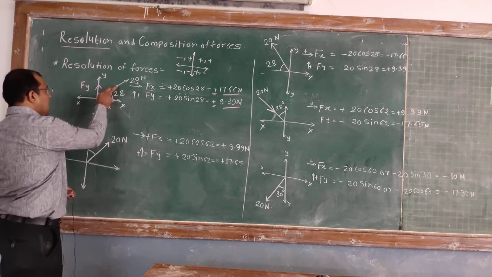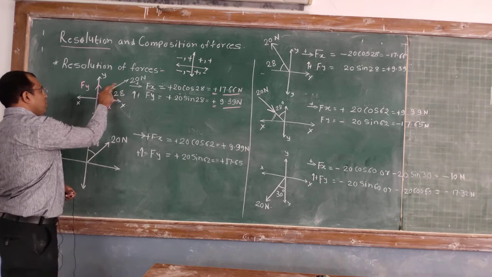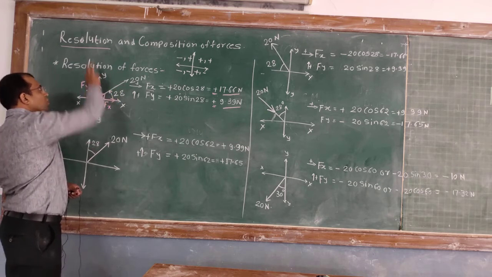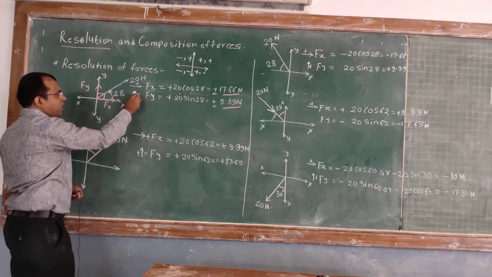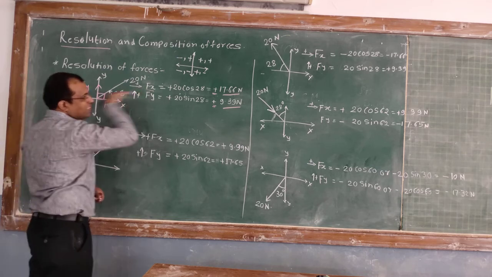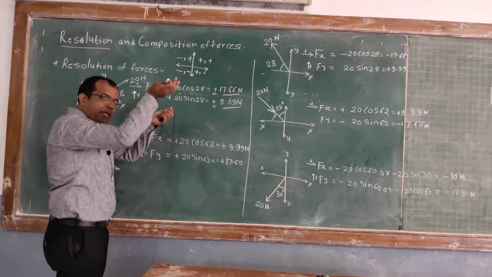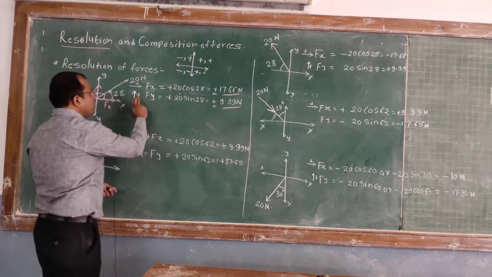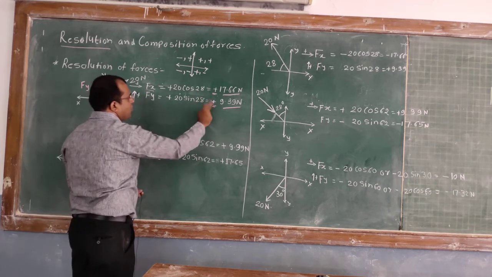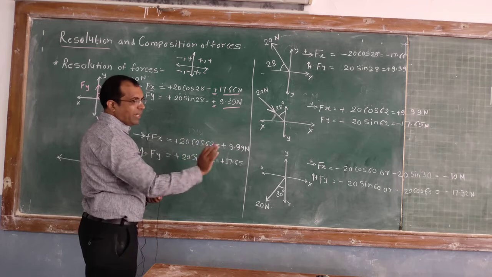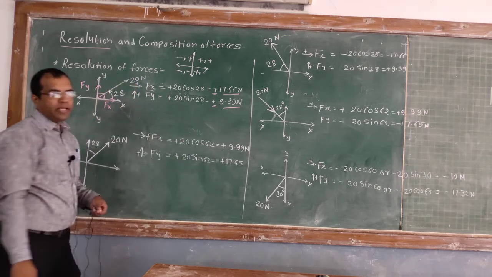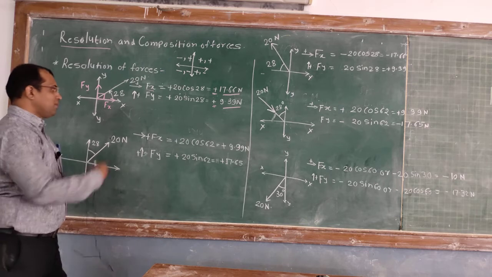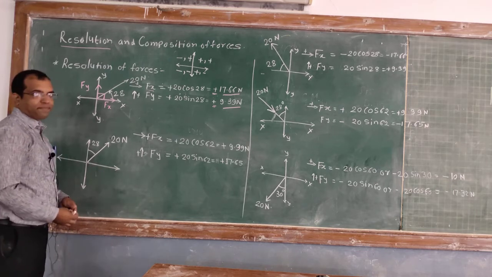The other component of this 20 Newton force is going towards the positive y direction, which is always upward. Here I have written the sign convention: towards right is positive, towards up is positive. According to this, both are coming towards the right side and upward side, therefore these two are positive. Okay, so understood? Let's come to the second problem.